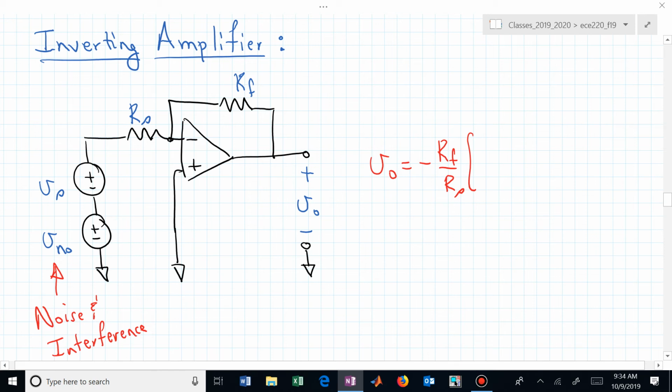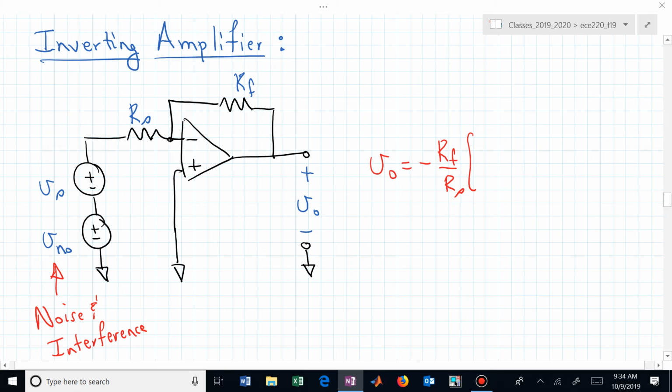V noise, so we're adding that in to V sub S. What's the output going to be? I've already given you the formula. I just need you to tell me, what are you scaling through that resistor combination?